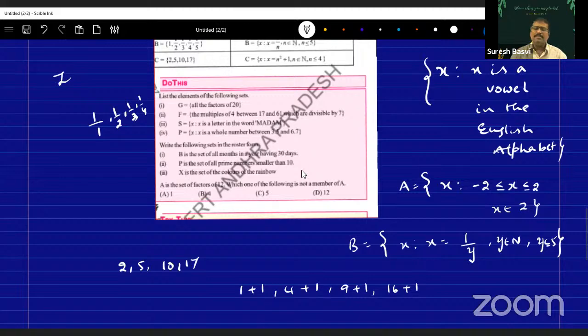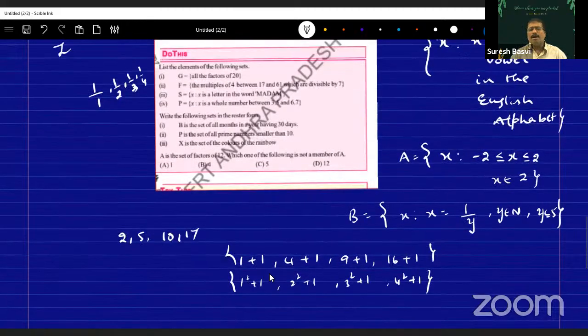So these are 1 square plus 1, 2 square plus 1, 3 square plus 1, and 4 square plus 1.